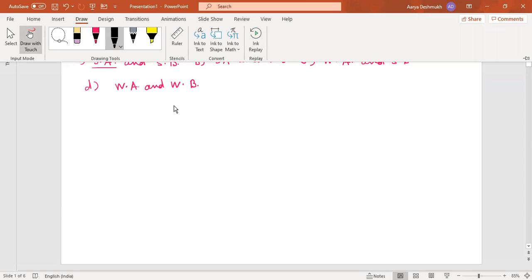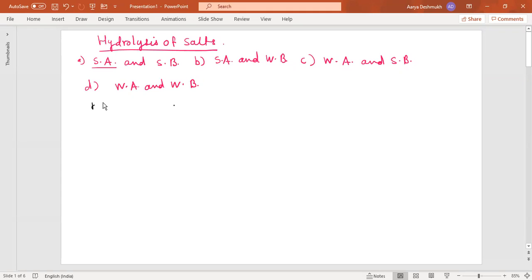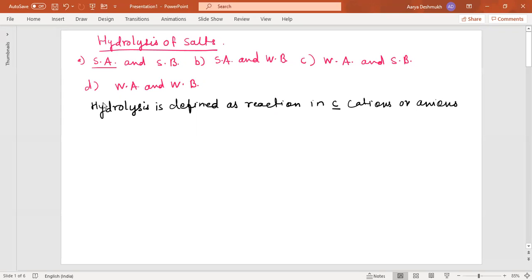So the hydrolysis of salt is defined as the reaction in which cations or anions or both the ions of a salt react with ions of water. So this whole thing is related to the ions only.